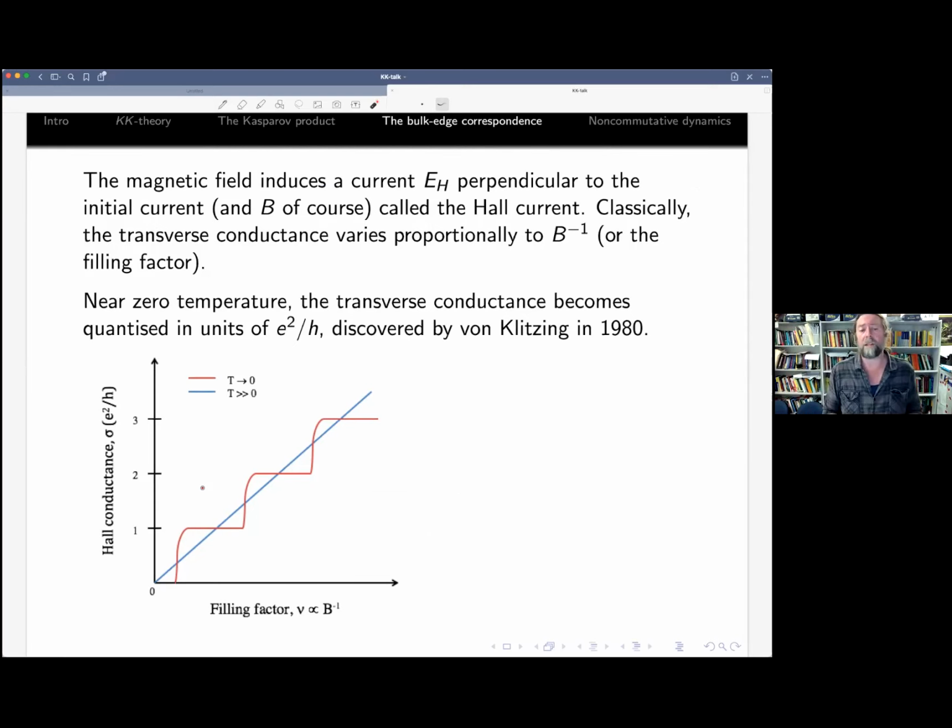But once you go near 0 temperature, von Klitzing showed that it was actually quantized in units of e squared on h. And in this sort of region here, you can vary the magnetic field and other parameters of the material, and the index doesn't... I'm giving it all away, aren't I? The conductance doesn't change.